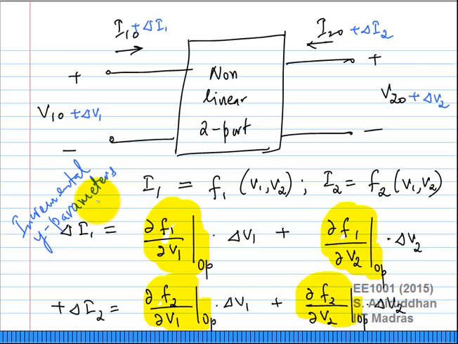Okay, so if you are given some arbitrary function relating I1, V1, I2, V2, F1 and F2, you can linearize the nonlinear two-port, and once you have done this, with respect to delta I1, delta I2, delta V1, delta V2, whatever you did for linear two-port will be valid as long as you are using only the increments.